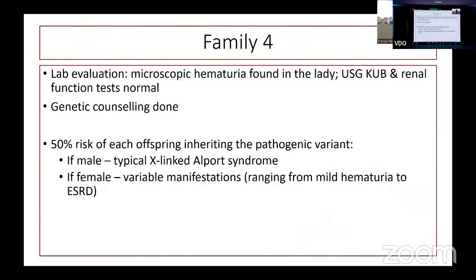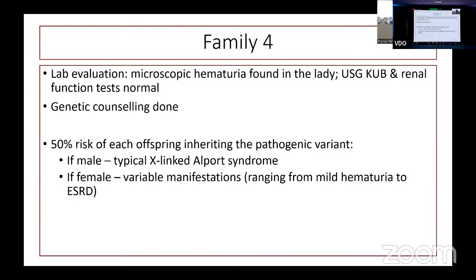And further, though she was asymptomatic, because we know that ladies who are carriers can also have manifestations ranging from mild to severe, we did a further detailed evaluation for her. She was found to have microscopic hematuria, but otherwise her ultrasound KUB and renal functions were normal. So appropriate genetic counseling could be offered.